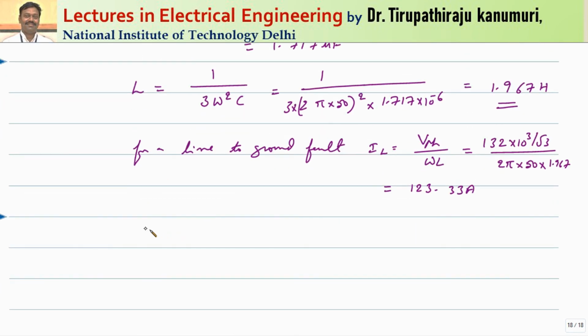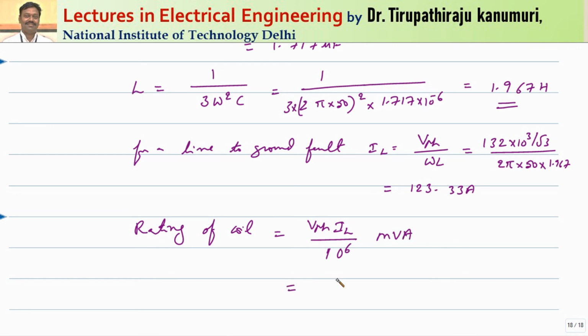From this I can calculate the rating of the coil. The rating of the coil will be equal to V phase into the fault current divided by 1000 if you want to calculate in kVA. Let us calculate it as V phase multiplied by IL divided by 10 to the power of 6, because that rating will directly come in MVA.